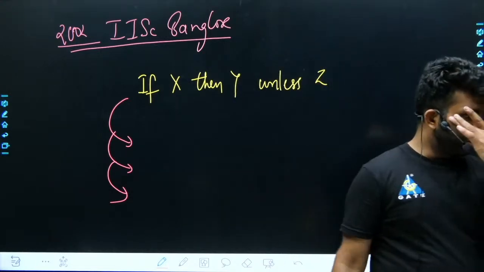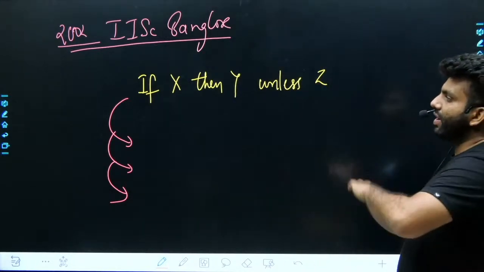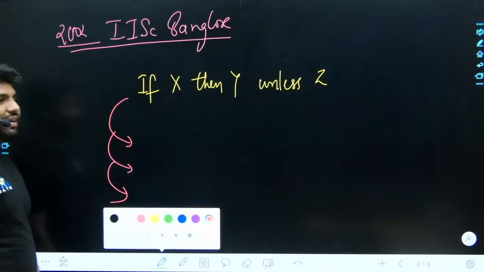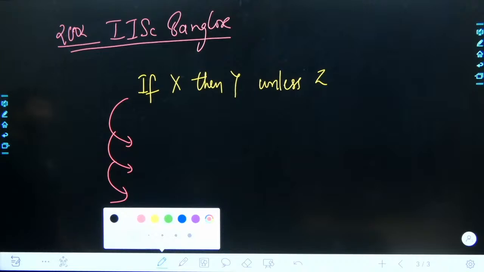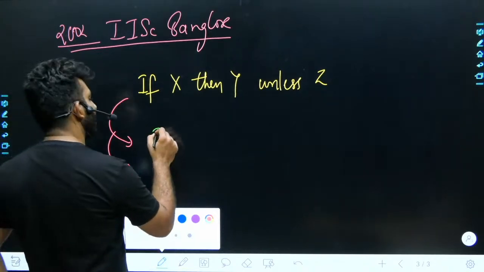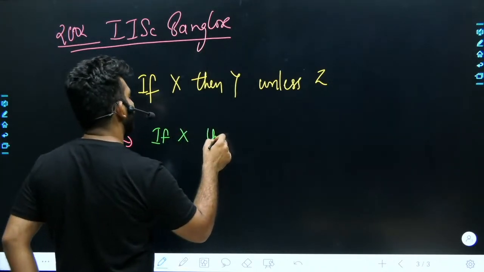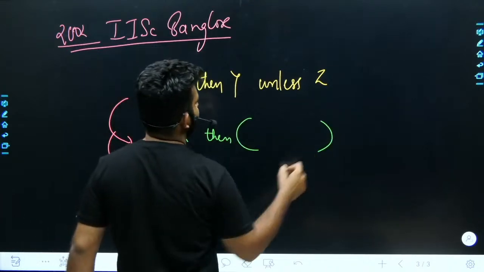Okay. So if I write if X then Y unless Z, I guess you might not have any issue if I write it like this. If X then Y unless Z, that means if X, then I can take this in brackets.